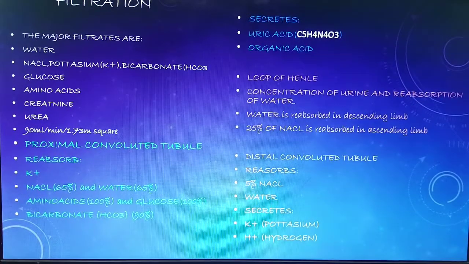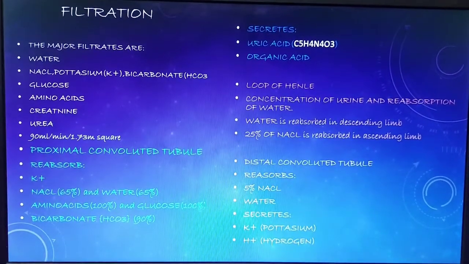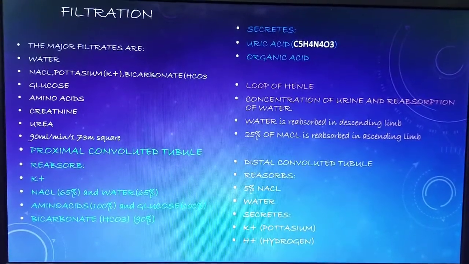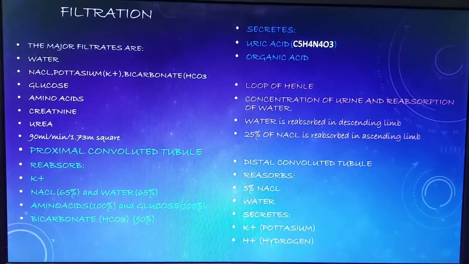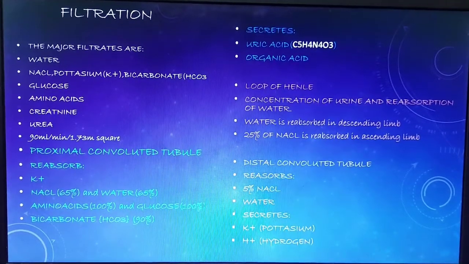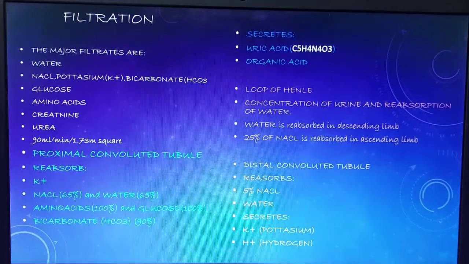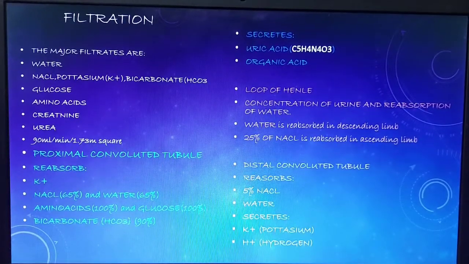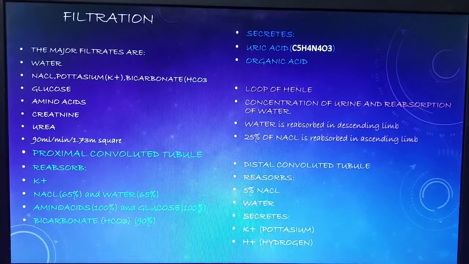So now let us look at the filtration of each and every part of the renal tubule. The major filtrates are water, sodium chloride, potassium and bicarbonate, glucose, amino acids, creatinine and urea. Creatinine and urea are the waste products.